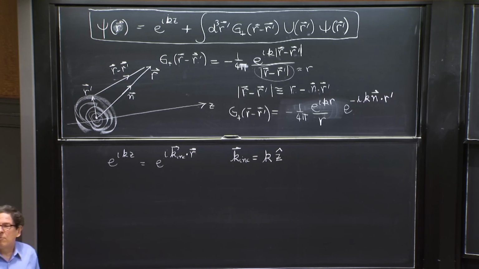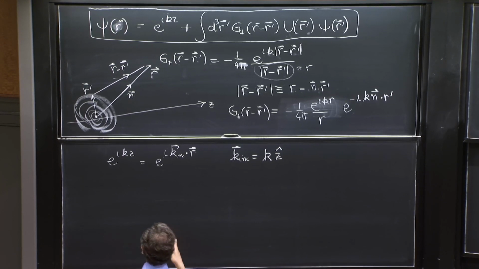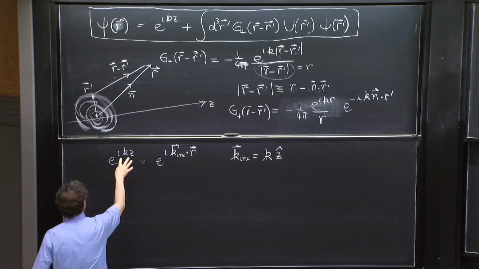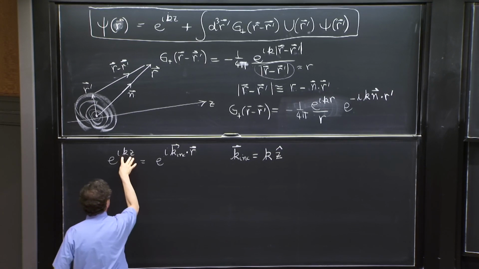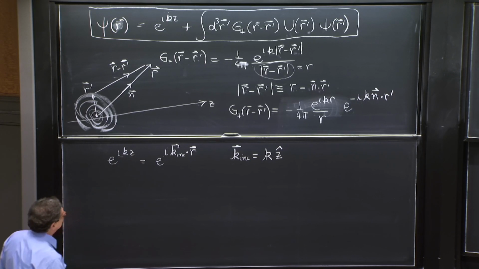So that's a matter of just notation. Might as well use a vector for k incident, because that is really the vector momentum that is coming in, and it's sometimes useful to have the flexibility. Perhaps some moment you don't necessarily want the wave to come in the z direction.